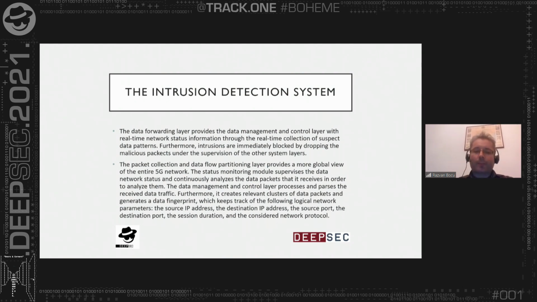Additionally, it contributes to the creation of relevant clusters of data packets and also generates a data fingerprint that keeps track of the following logical network parameters. They are the source IP address, the destination IP address of the respective packet, the source port, the destination port, session duration, and finally, the considered network protocol.